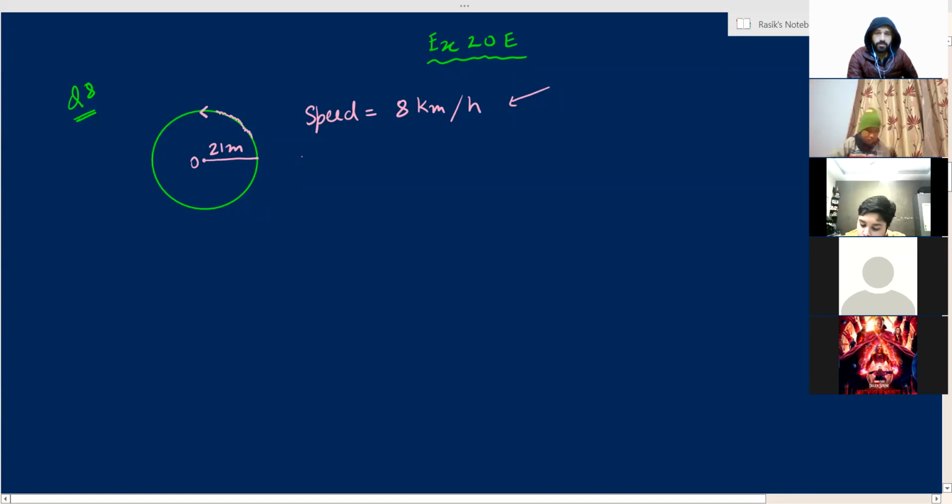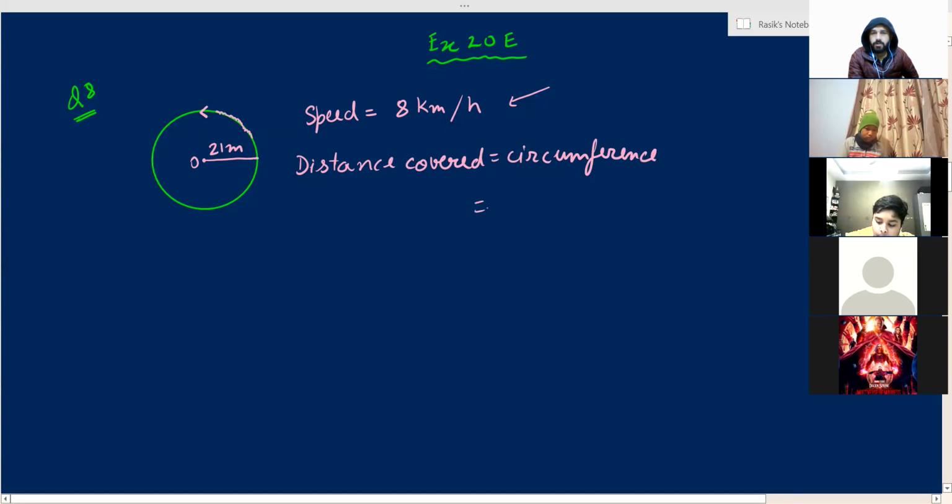But before finding the time, we will first calculate the distance that he has covered. So, how will you calculate the distance? Not finding area, no, no. He's cycling on the boundary. Why will we find the area? We will find the circumference. So, distance covered is equal to circumference, right?